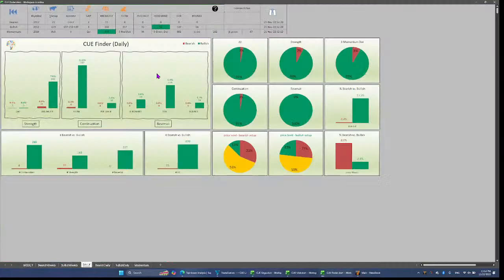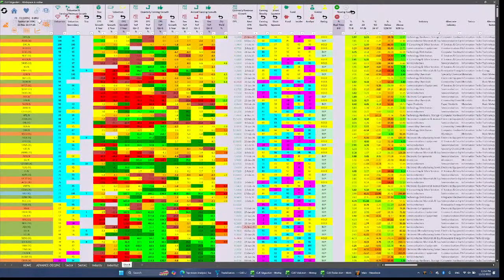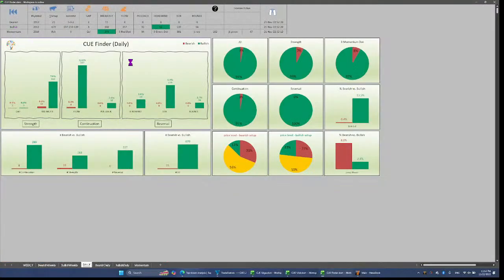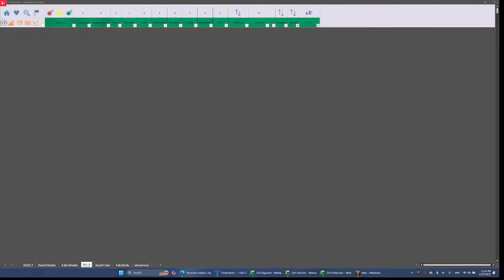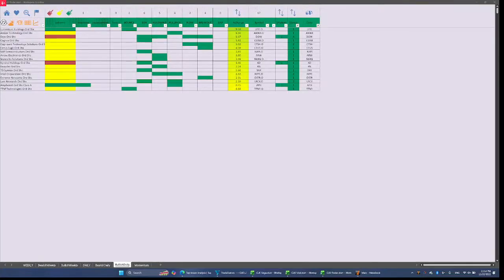One more click, it will cross-reference the fundamentally strong stocks in the strongest industries, in the strongest sectors, with possible trade setups. I'm left with only 17 stocks.